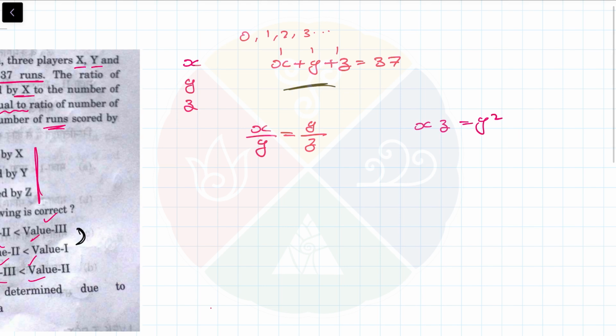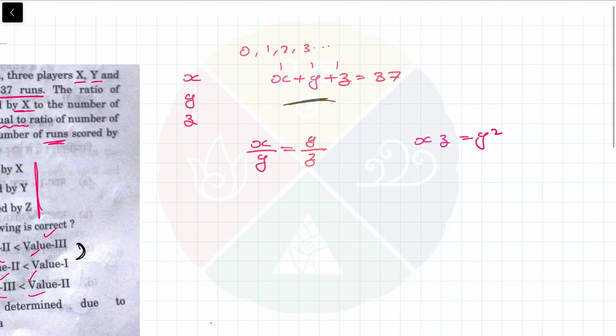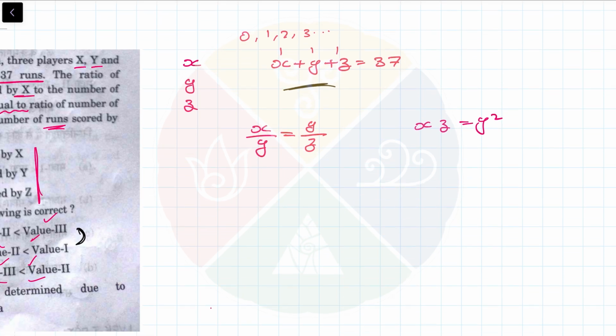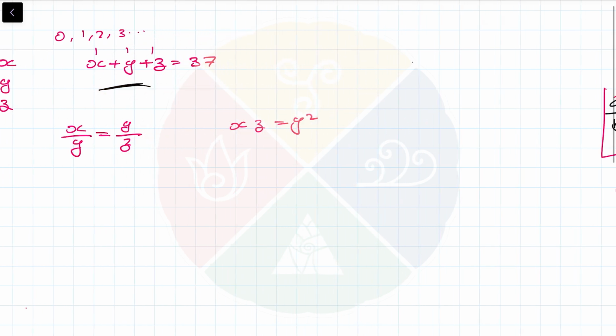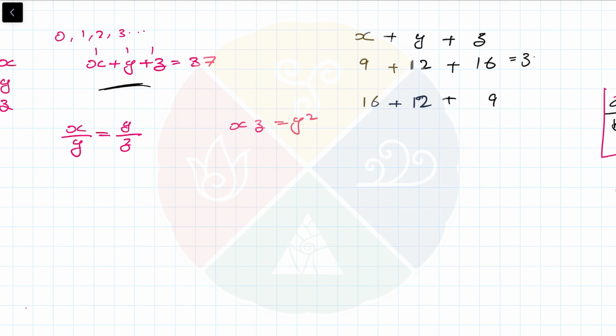Even for this problem, if you try to find the actual numbers, the middle number is going to be 12, and the other numbers are going to be 9 and 16. It can be like this, or it can be 16, 12, and 9. In both cases, if you add these values, you'll get 9 plus 12 plus 16, that is 37.